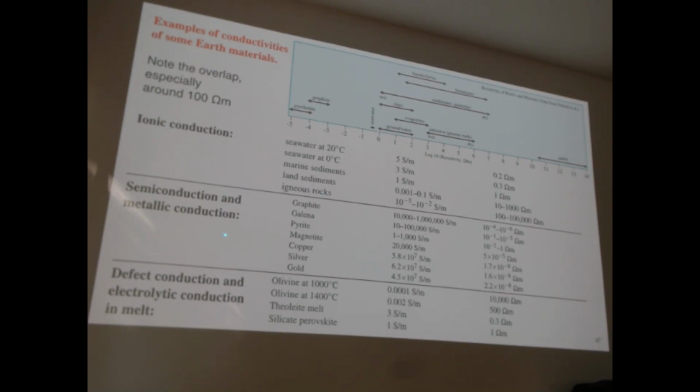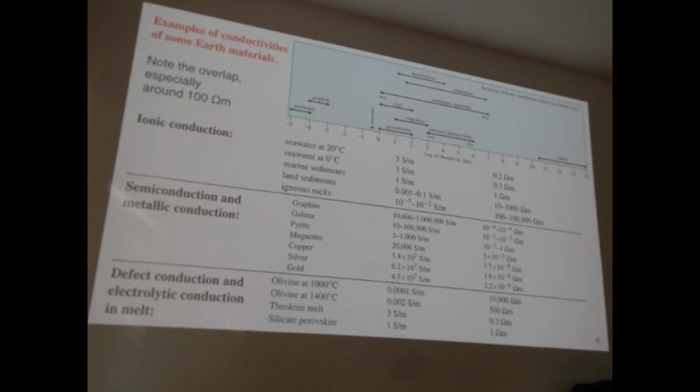When you get into ore minerals, you get semiconduction, and if you're lucky enough to find a chunk of silver or gold, of course, there's metallic conduction. And then when you go deep into the earth, you get this thing that warms my heart, which is conduction in silicate minerals at high temperatures, where you get crystal defects that can move charge through a crystal that would not otherwise move charge.